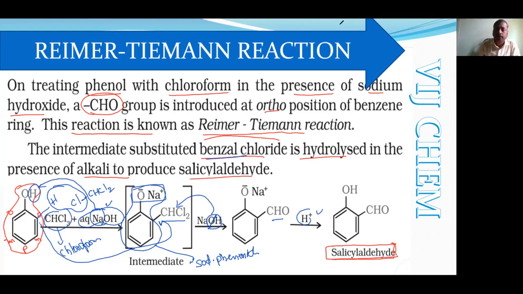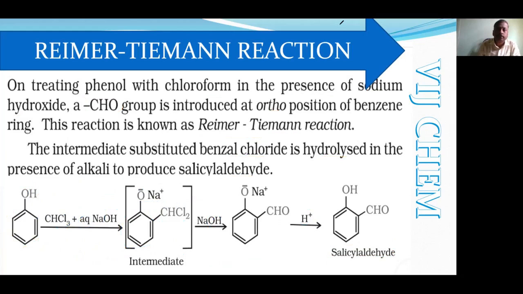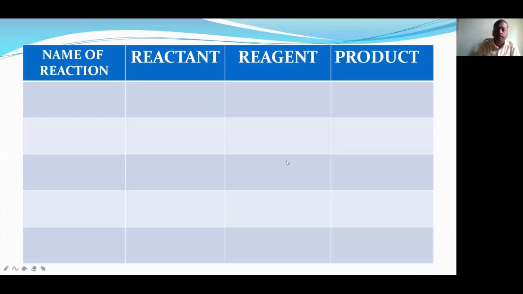I think it is clear now. If you have any doubts, you can ask me. Otherwise, we are going to start with the summary table. So this is the summary table. Revise it now. Let's fill it up.